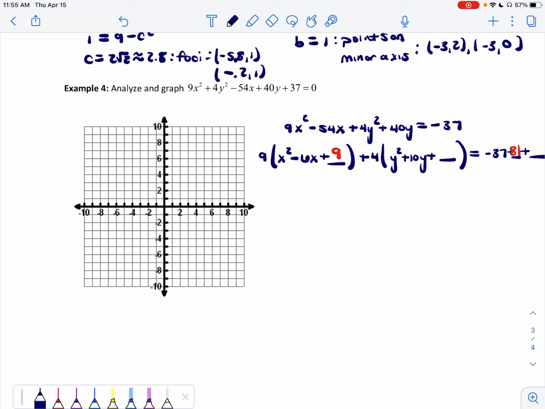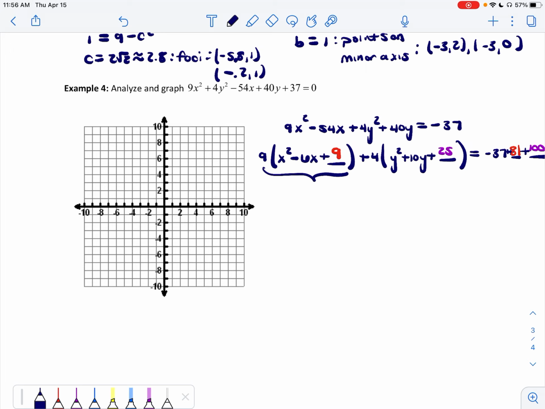Okay, and then for our y's, our b term is a 10. Cut that in half, we get a 5. 5 squared is 25. So then to balance it out, remember the 4 that we pulled out.